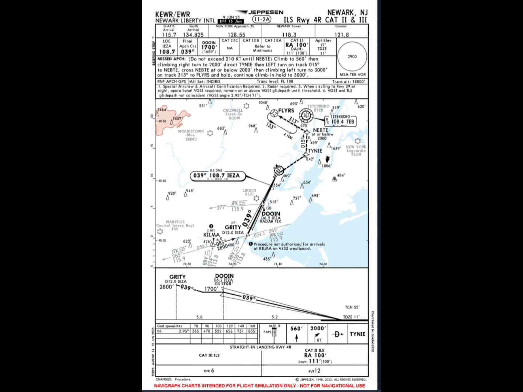So we're going to fly, hit that 265 radial, and then make that turn towards GRITY, and then pick up the glideslope fix at 1,700 feet, and then we should be good at that point. We're going to use the information on this chart to help us figure out when to make the turn towards the airport.